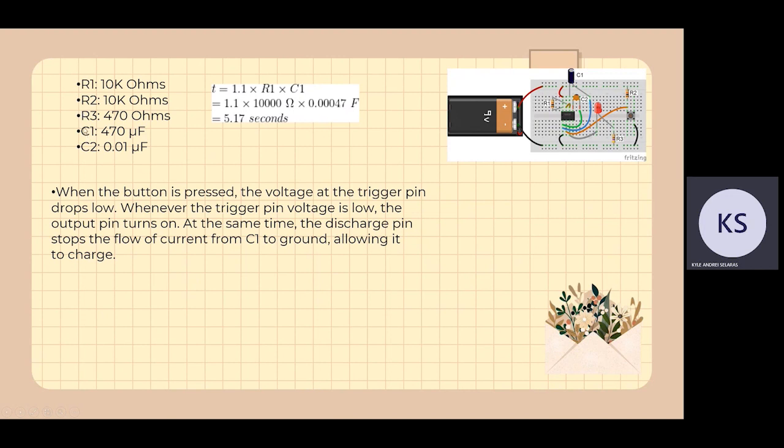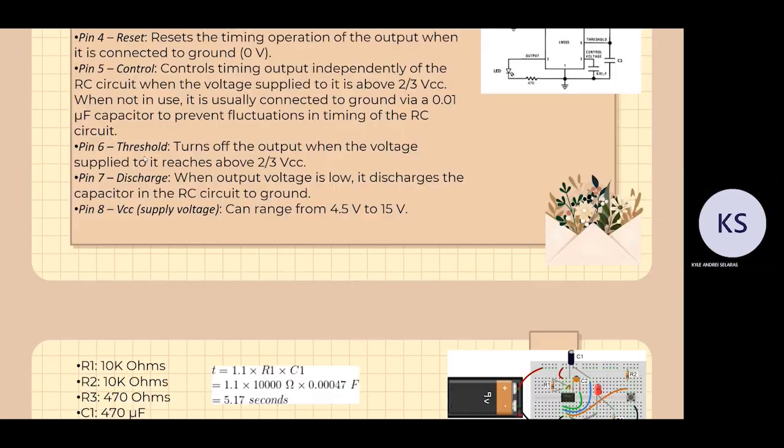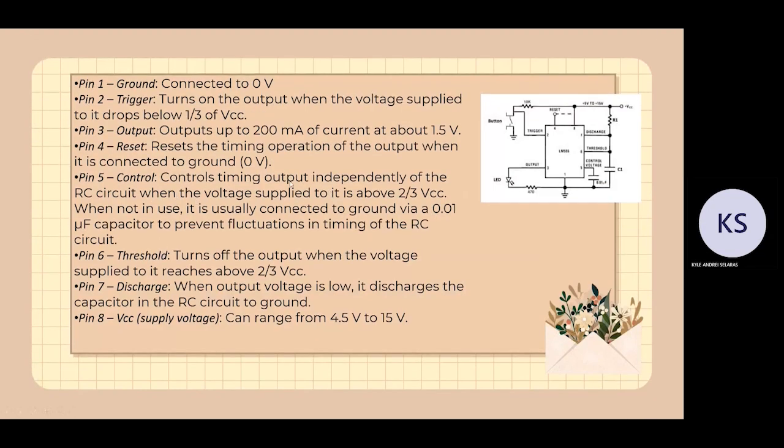Then C1, which is 470 microfarads, and C2, which is connected to our control pin. The capacitor will prevent fluctuations in the timing RC circuit.